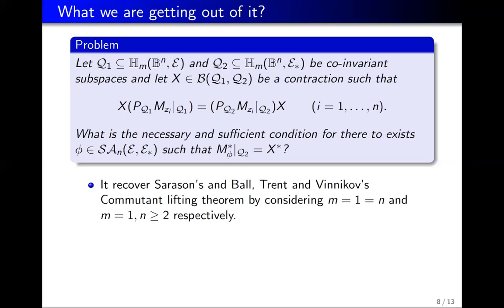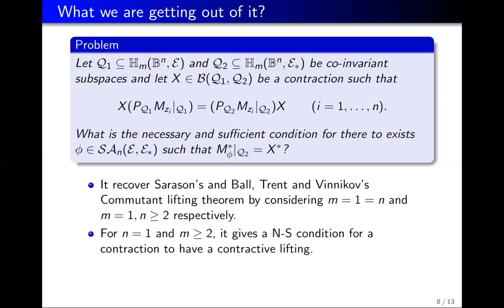Also, if you take n equals 1, that is, you are on the unit disk, and if you take m bigger than or equal to 2, then you are on the weighted Bergman space on the disk, or the usual Bergman space on the disk.